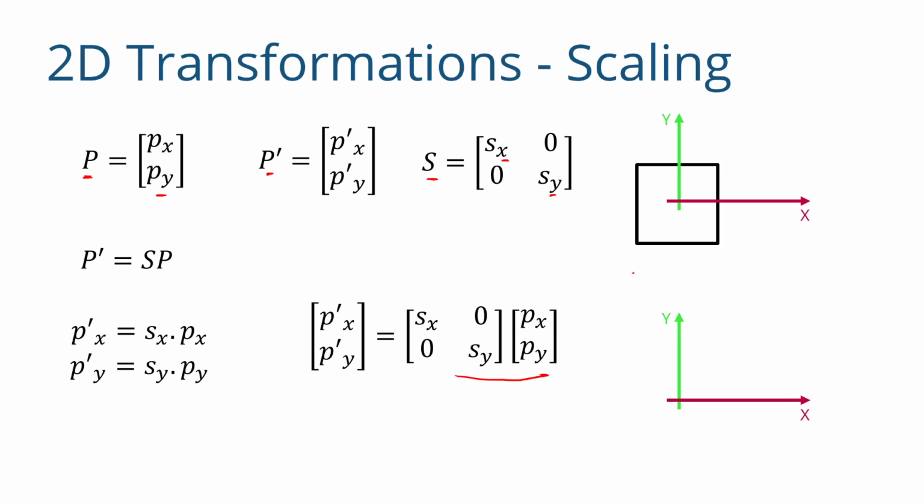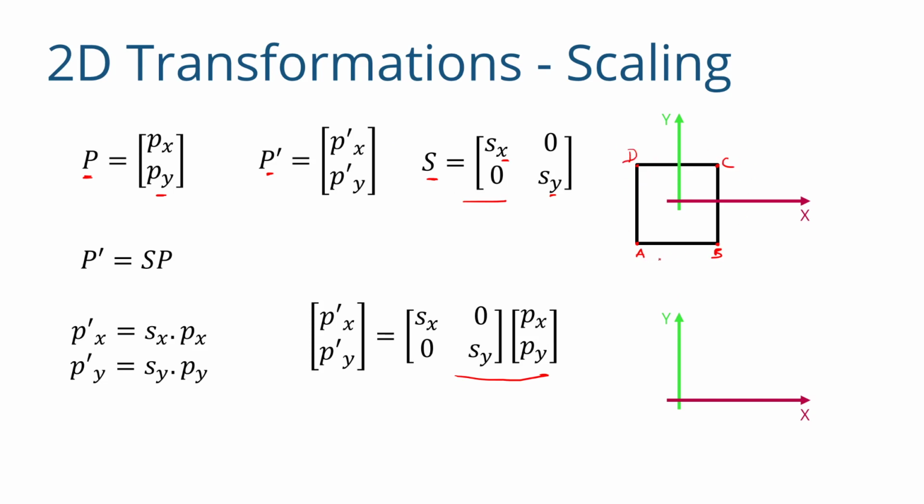Now if I want to transform a shape, so for example, let us imagine that you have this unit square, and you want to transform this unit square using this scaling transform, then the way to do it is to apply the scaling transform to each vertex of the unit square.